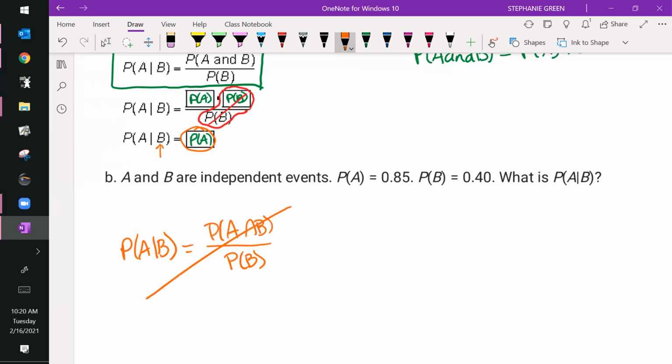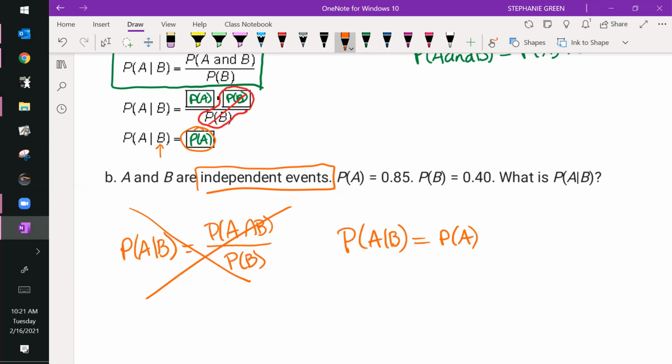But since these are independent events, the condition has no effect on the probability. So the probability of A given B in an independent event setting is just equal to the probability of A. So the probability of A given B is just equal to 0.85. There's no change because B has no effect on A.